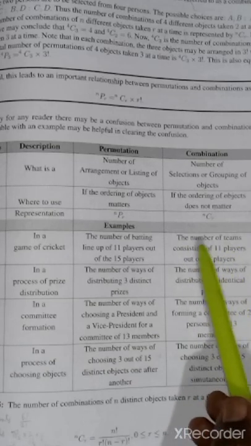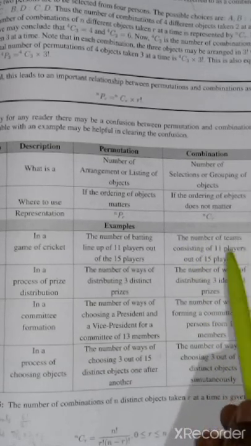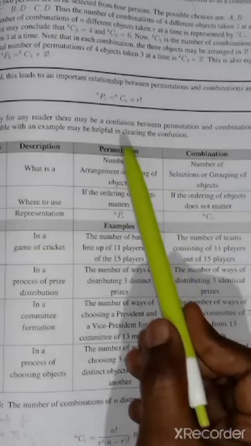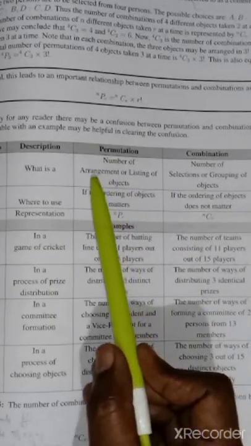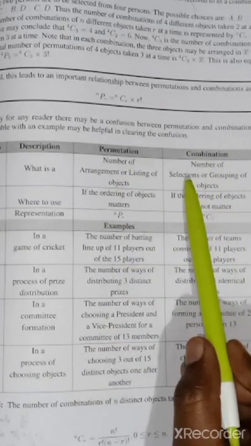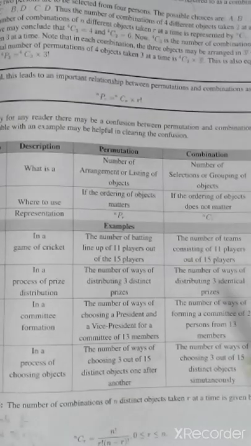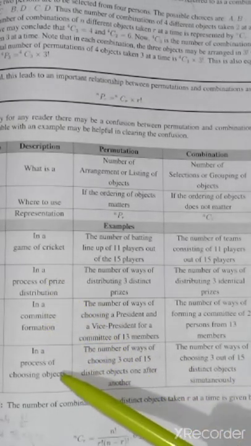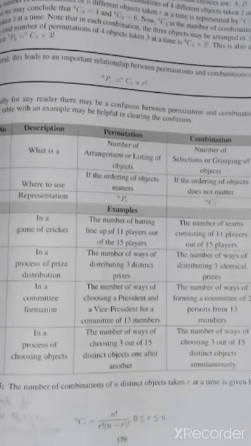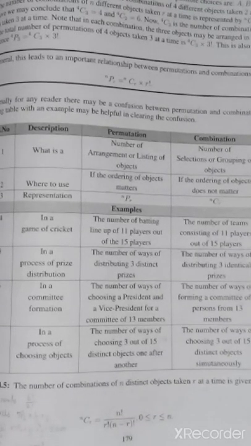The number of teams we can form is your grouping of objects. So permutation means arrangement or listing, and combination means selection or grouping. The remaining three examples are there, so go through them to be clear on permutation and combination.